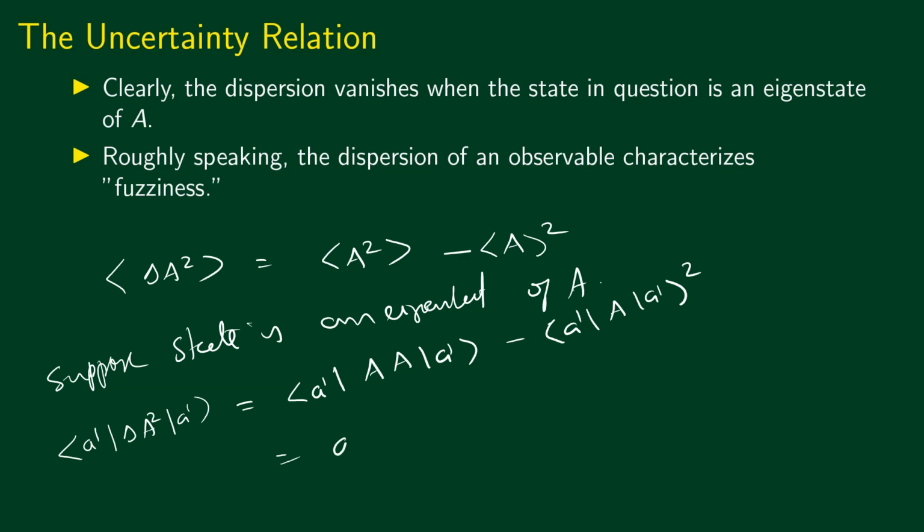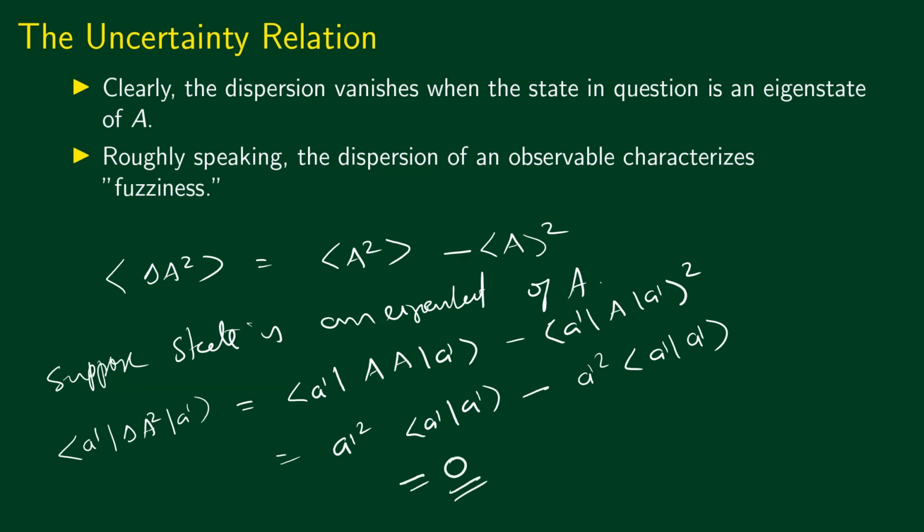So this A prime square can be pulled out, and what I have is bra A prime ket A prime minus, here again I can use the eigenvalue equation and pull out the eigenvalue, and there's already a square here, so this is A prime square multiplied by bra A prime ket A prime, and what is this? This is equal to 0.